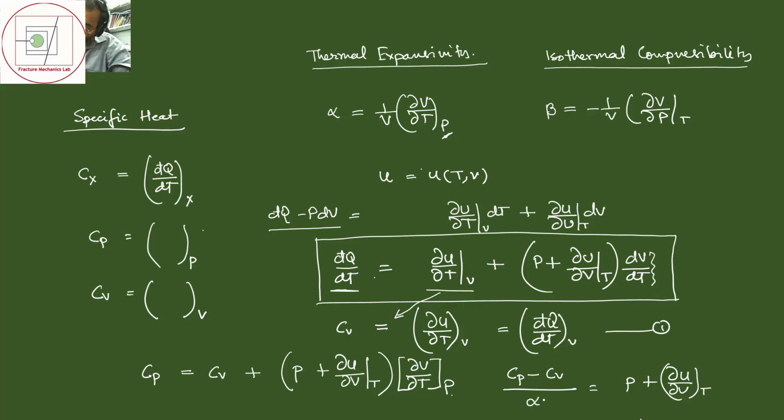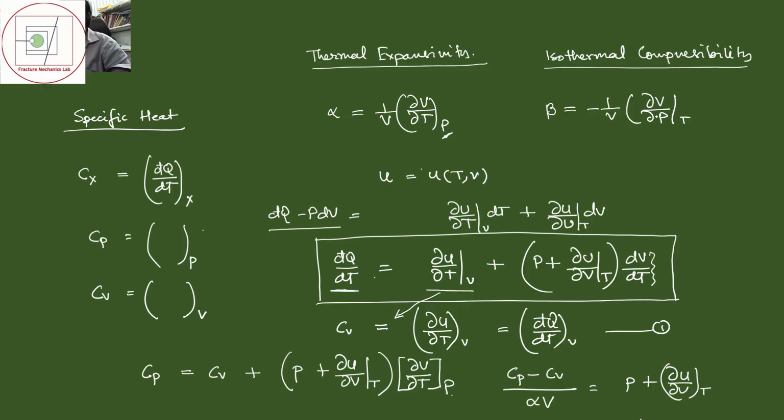So this I can write with alpha V. I can also use this relationship, but for getting from del U by del V to del V by del P, I need to introduce entropy, which we are not doing right now.